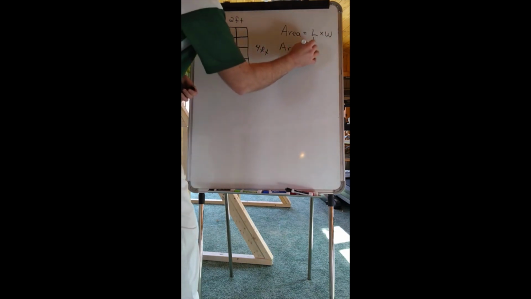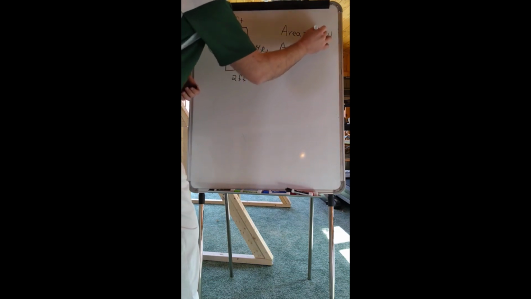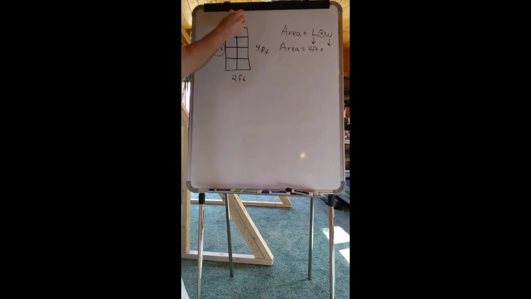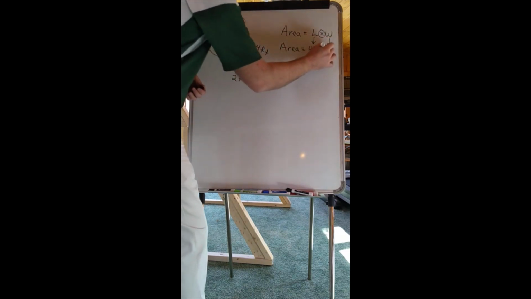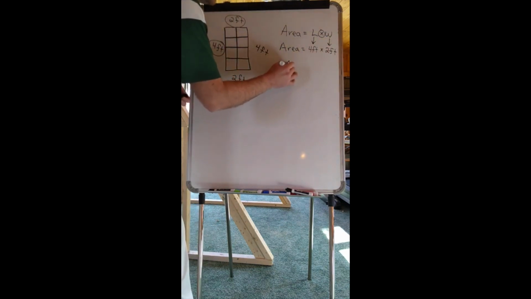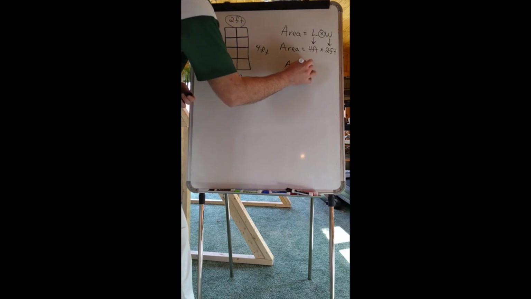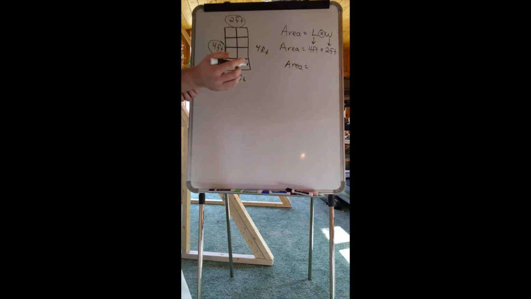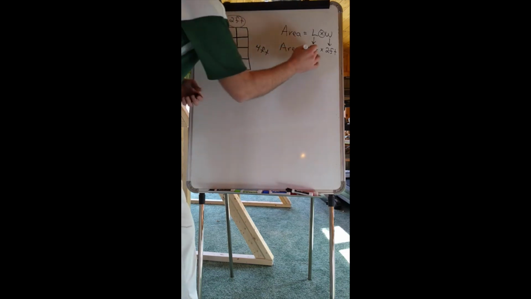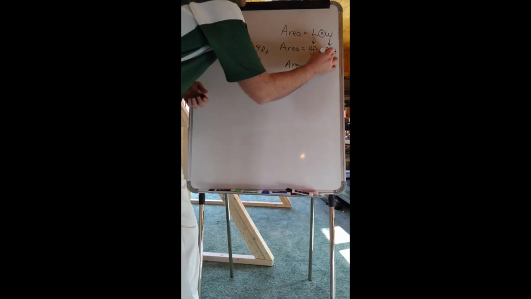So I put in 4 feet. Then I'm going to multiply by our width, which is 2 feet. So 2 feet. Now let's go down here. Area equals, now this is a multiplication problem that you've been doing for probably since the third, maybe the second grade. 4 multiplied by 2.